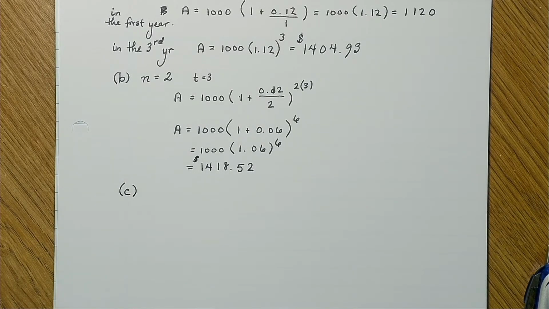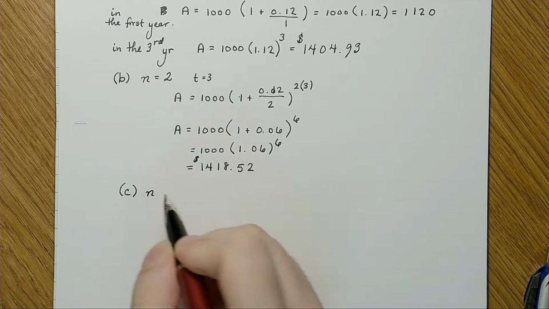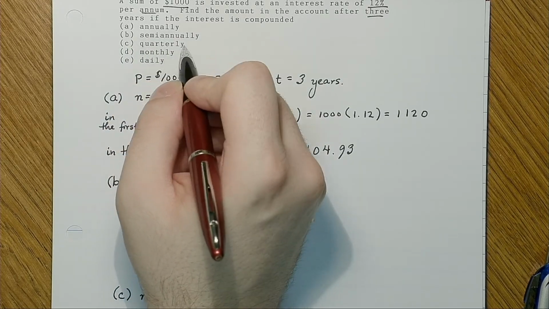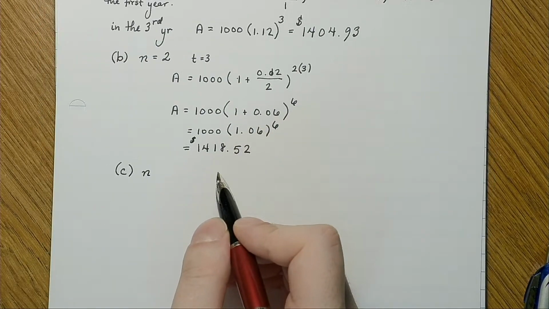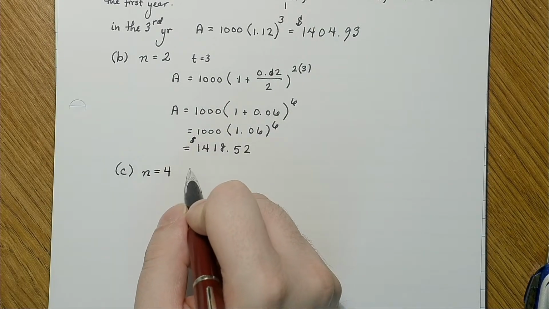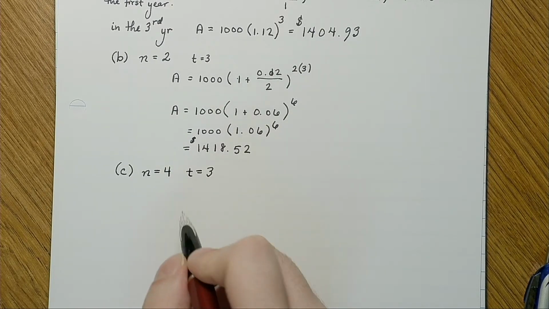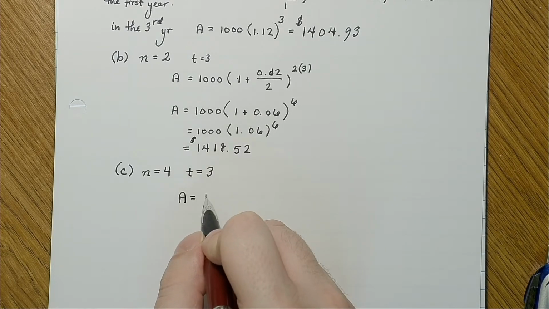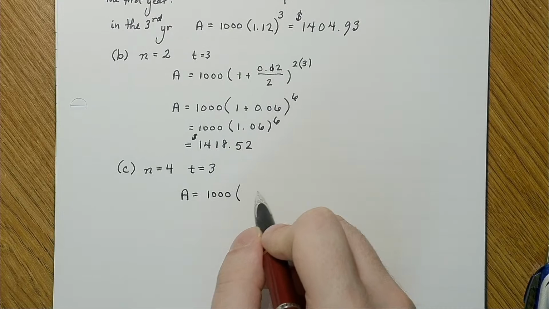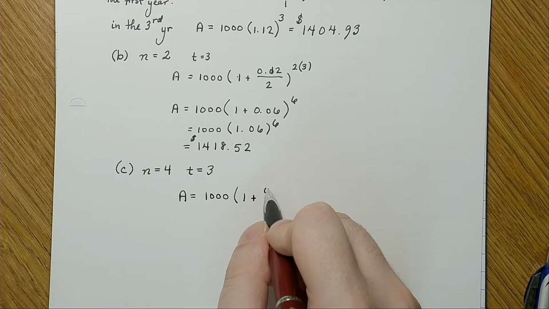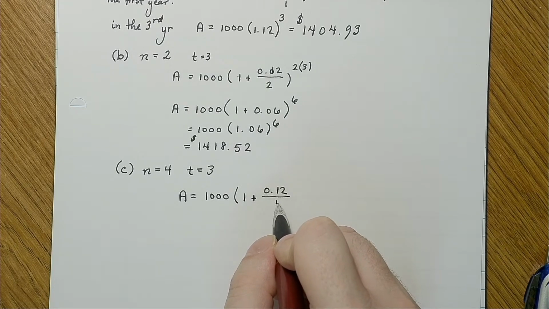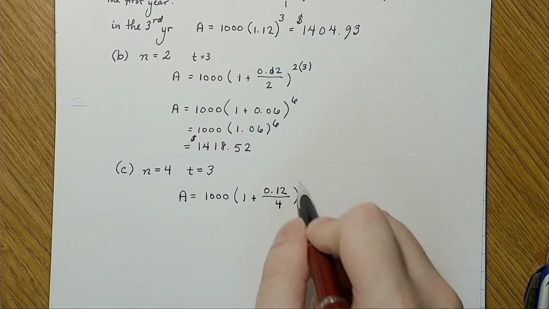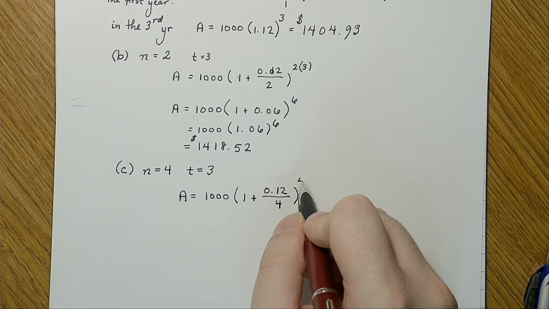So hopefully what we're using here is the same formula. If it's quarterly, it means I have 4 time periods within the year, so n equals 4. Again, it's still 3 years. I have $1,000 I'm starting out with, my interest rate is 12%, divided up over 4 quarters, and then 4 quarters times 3.